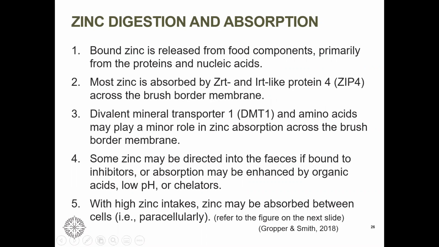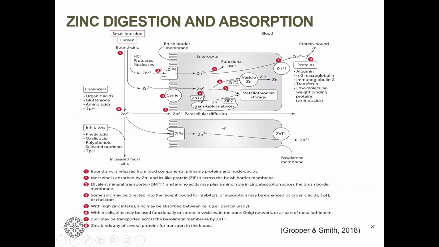But at high levels, if I'm taking my zinc supplement because during the flu season I am susceptible to infection, then I can take a particular high dose and it will get absorbed by paracellular diffusion. Again, when zinc comes inside the cell, our body has the capacity to use it.